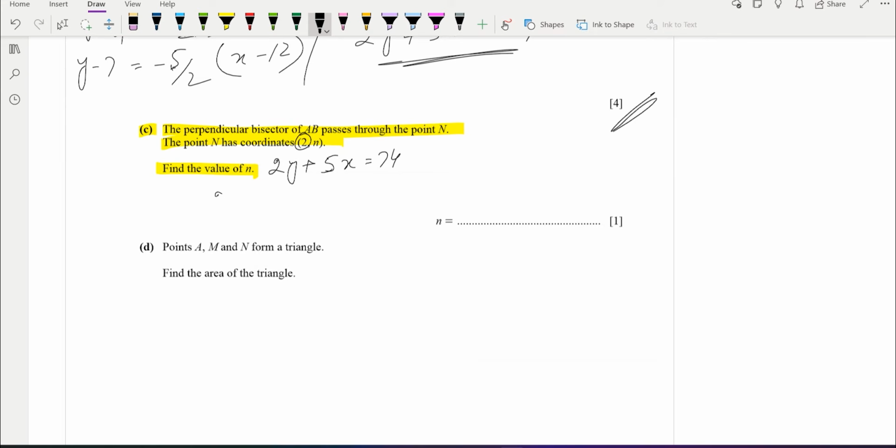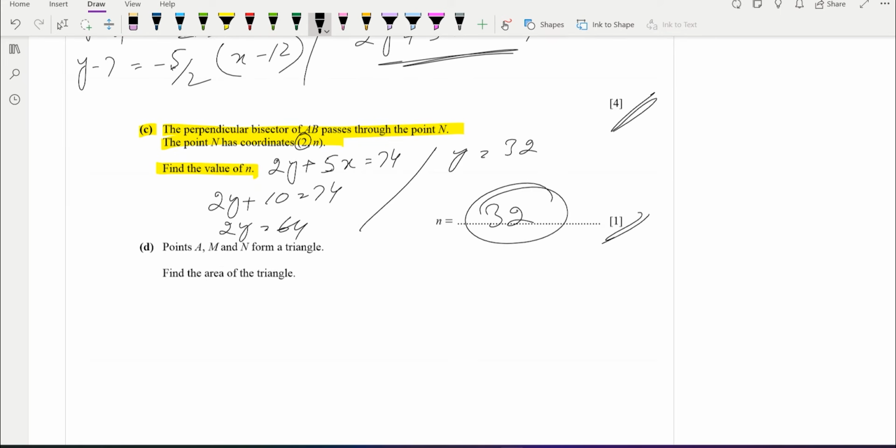From here we replace: 2y plus 5 into 2, which is 10, is equal to 74. So 2y is equal to 74 minus 10, which is 64. So y is equal to 32. So the n value will be 32. This is what we found for 1 mark.